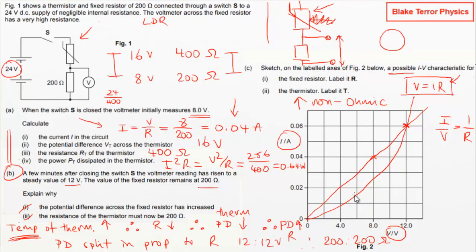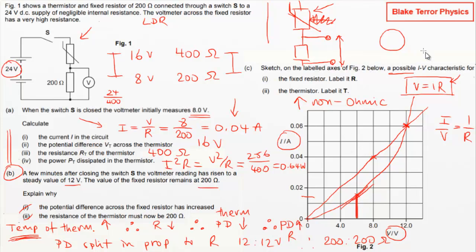So if we picked this point here and took the gradient of it, or 1 over the gradient of it, then we would have our resistance. You don't really need to take the gradient. You just read the two numbers off and do the ratio of those in order to get the resistance.